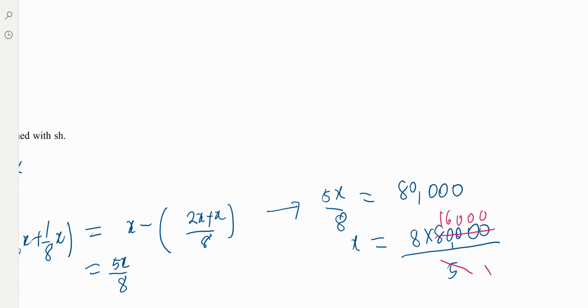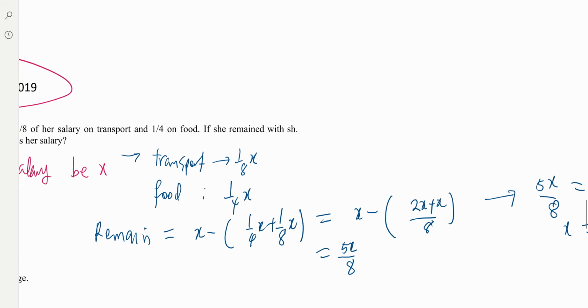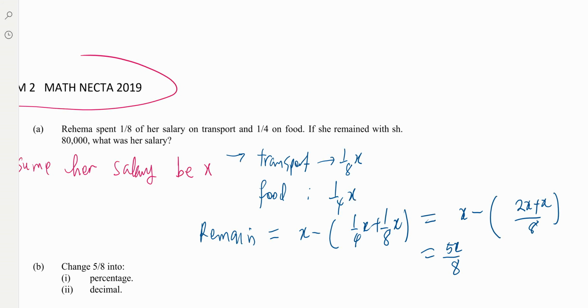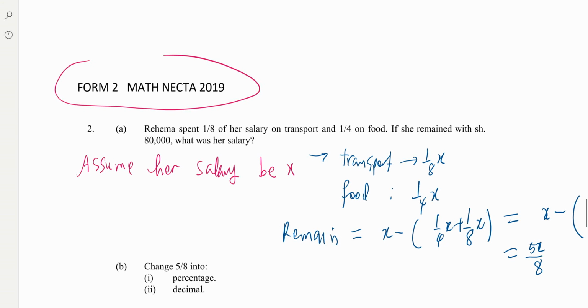So you take now 8 times 16 and you get 128 with 3 zeros, 128,000 shillings. So we can say that Rahima's salary is 128,000 shillings.